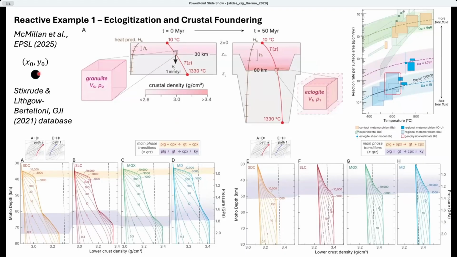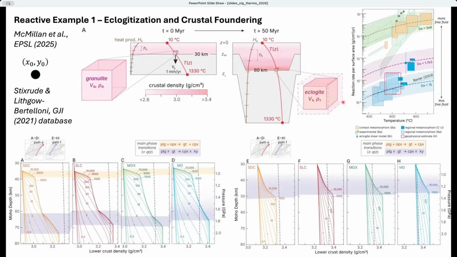So the differential equations that we're coupling the thermodynamic database to here are ordinary differential equations, and the thermodynamic database is Stixrude and Lithgow-Bertelloni, 2021. And those differential equations introduce a reaction rate, and more importantly, they introduce a relative rate of reaction to transport in our model, to movement down this geotherm.